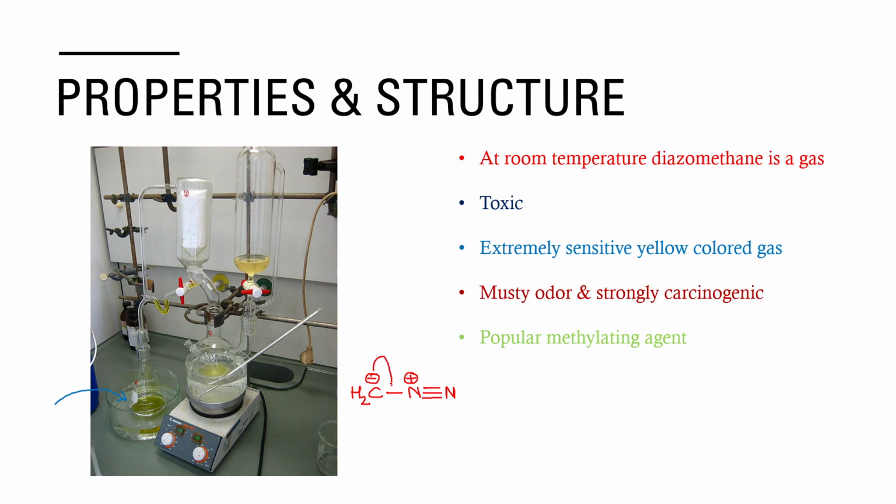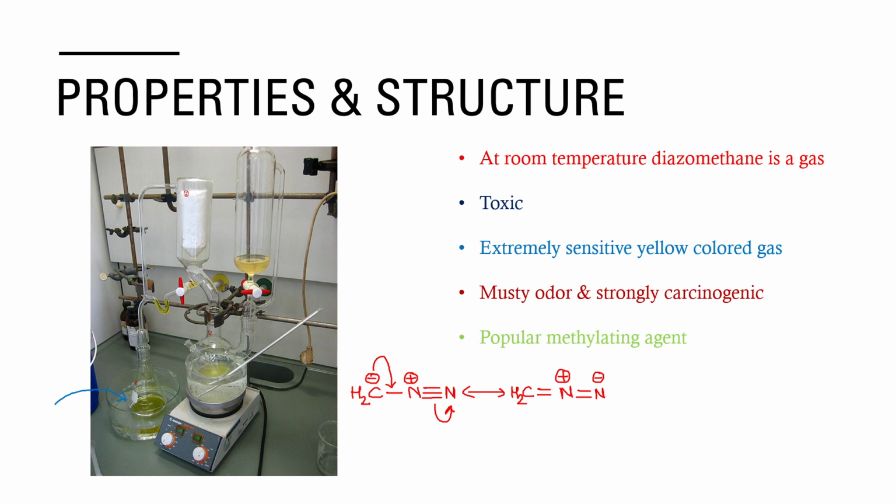Now this can come over here and this can create a resonance hybrid, and I can get this CH2 double bond N, double bond N, with a positive charge and a negative charge on this nitrogen atom. Okay? Is that understood?